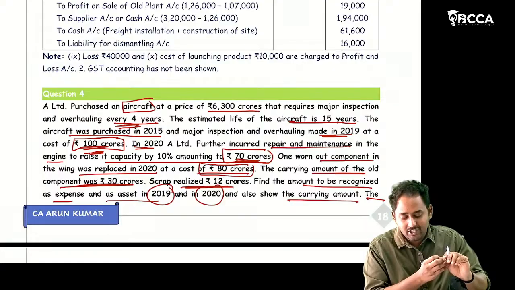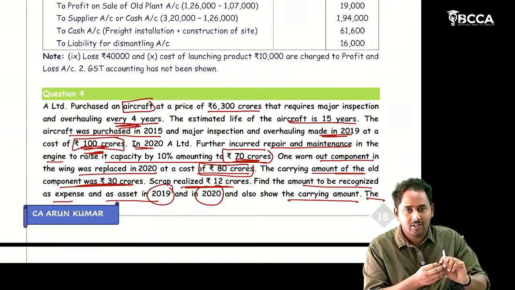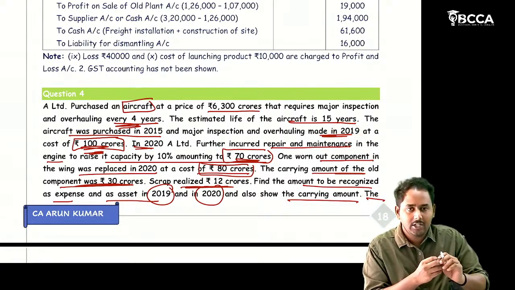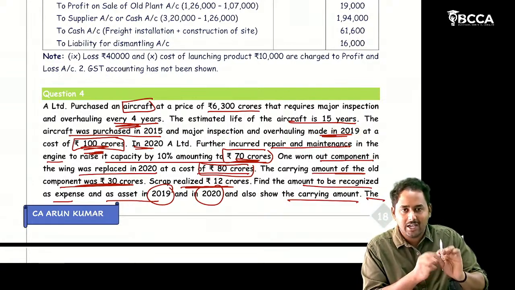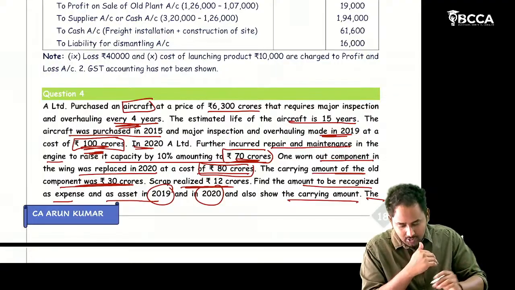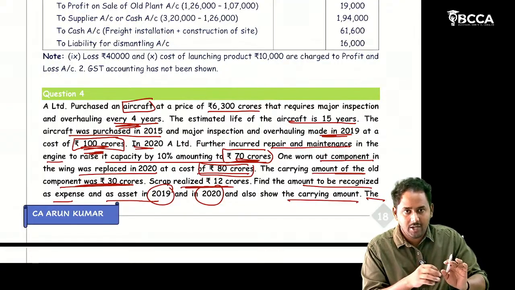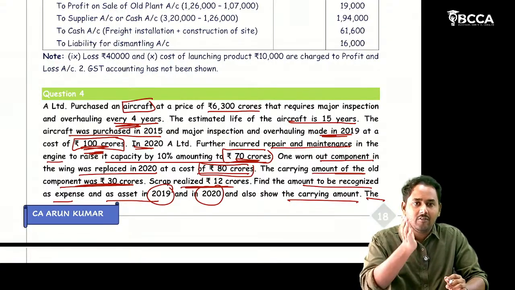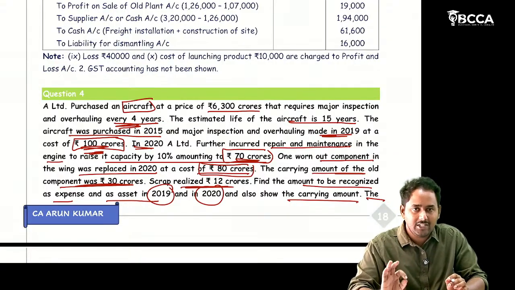They are not giving any information regarding the calendar year or financial year, but they are giving only one year, so in that case I assume they are following the calendar year. So whatever expenses happened in 2015, I assume happened on the first of 2015, at the beginning of the year.